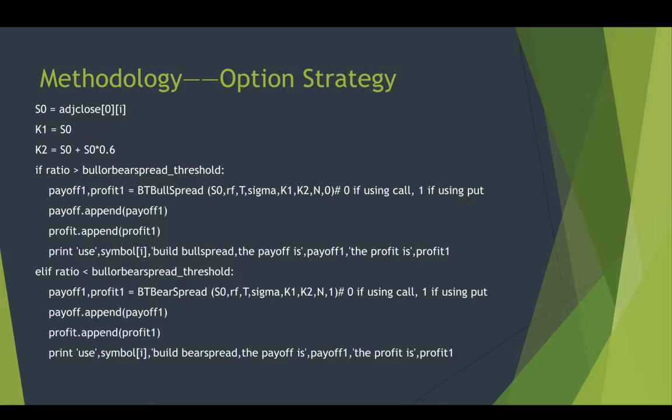So here we set the last parameter to 0 in the BT bull spread to calculate the payoff and profit of the bull spread strategy using call options, and the last parameter equal to 1 in the BT bear spread to calculate the payoff and profit of the bear spread strategy using the put options.